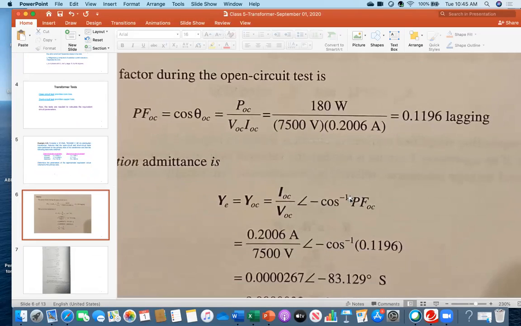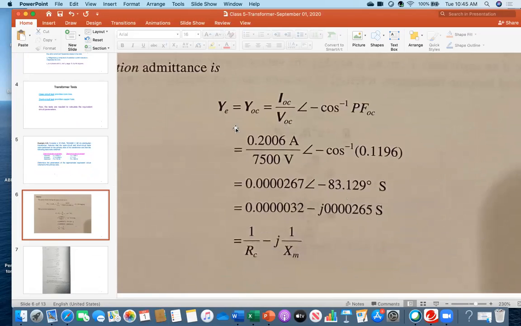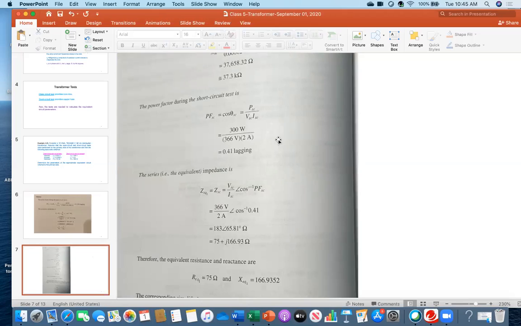Everybody, do you understand? From the previous step we calculated YOC, and after converting polar to rectangular, I got this format. This portion is 1 over RC and this portion is 1 over XM. So RC is 1 over this one, and XM is 1 over this number. That is the thing being done here.